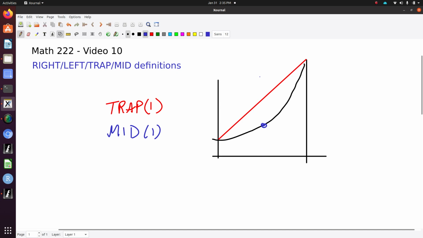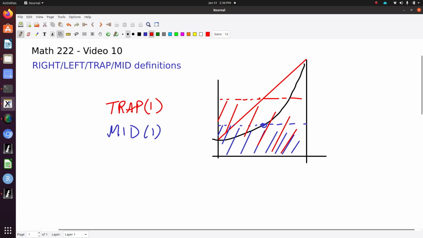Sorry, it's not really lined up. Okay, then what we're going to do is we're going to use that as the height of our box. Okay, now you can see that trap 1 would have the same area as a box that was drawn like so.